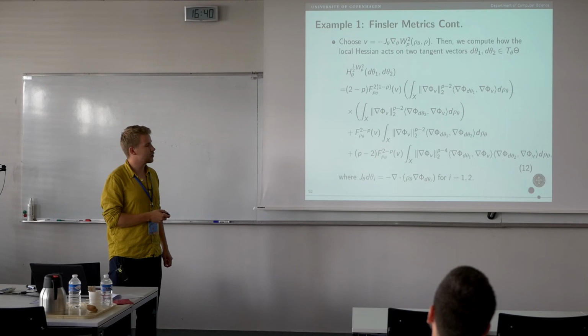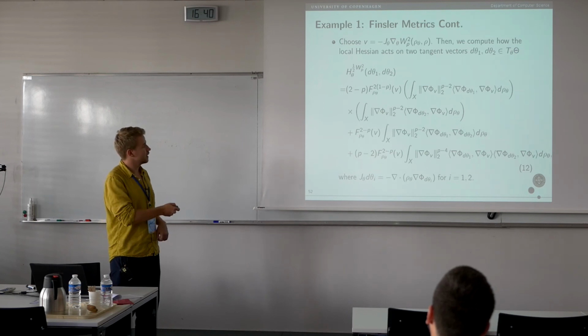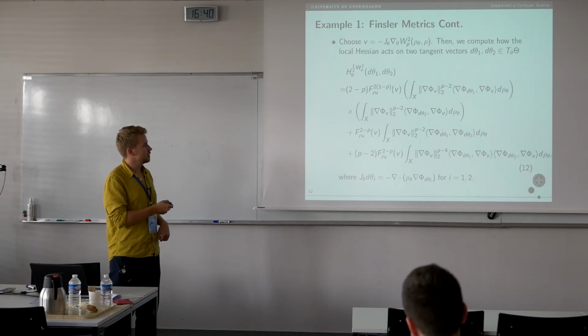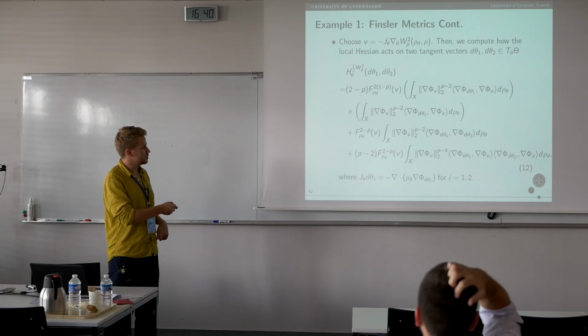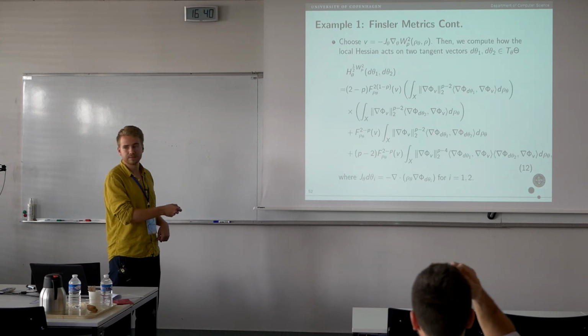So then when we compute the fundamental tensor, that also is the local Hessian in that case, we get this quite nasty expression here. But in the special case when p equals 2, this term here will disappear. This term will also disappear. This will be just 1, and this will also just be 1. And in the end, you just get the inner product between these vector fields.